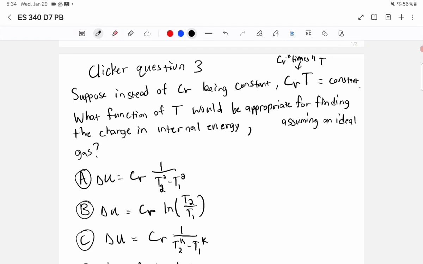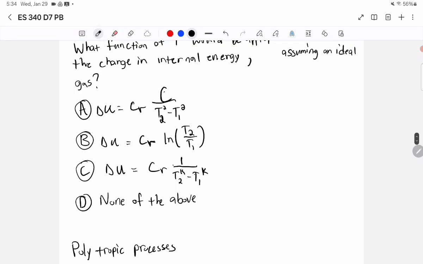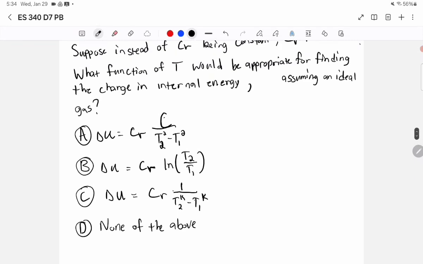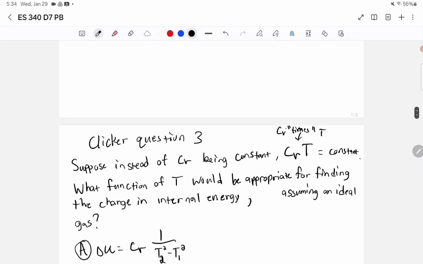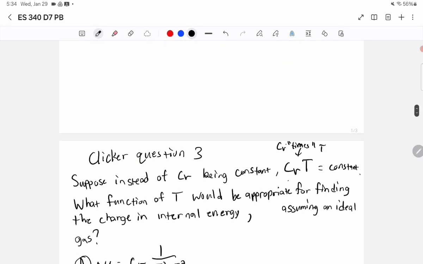This should have been some constant, let's call it a capital C. No, that's right, I had this right, because CV was the constant. Sorry, CV is a constant here.